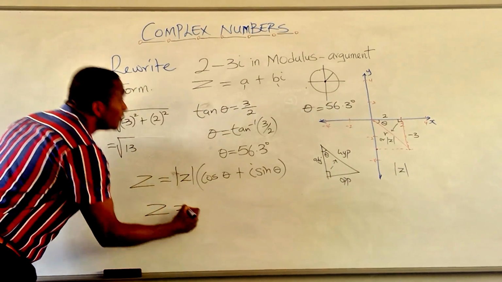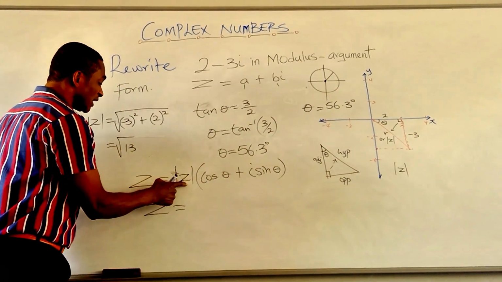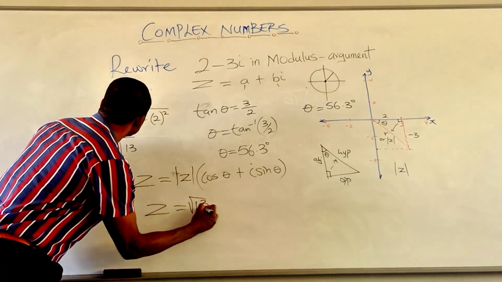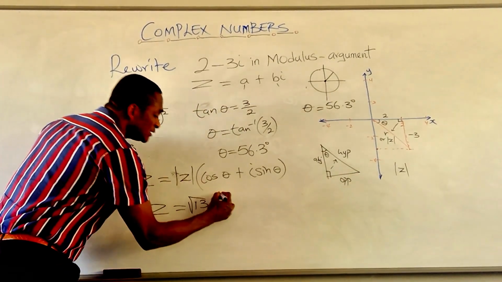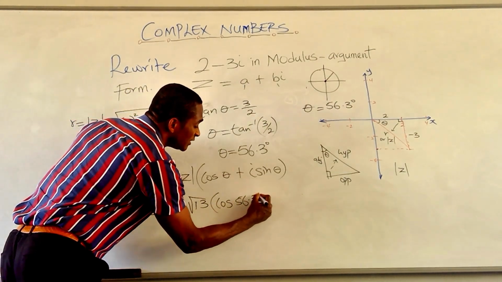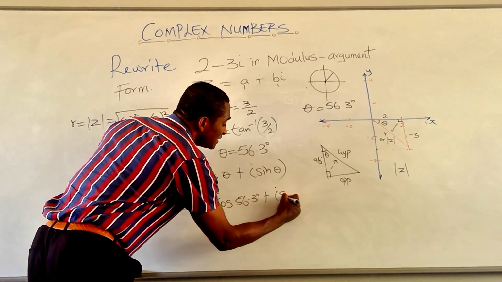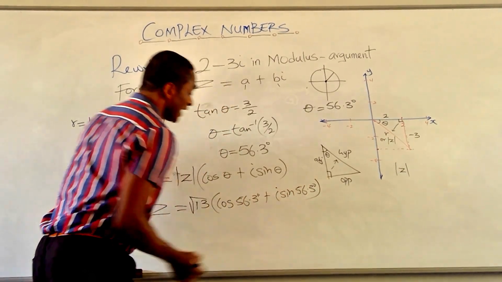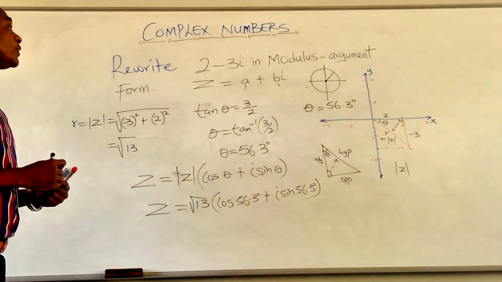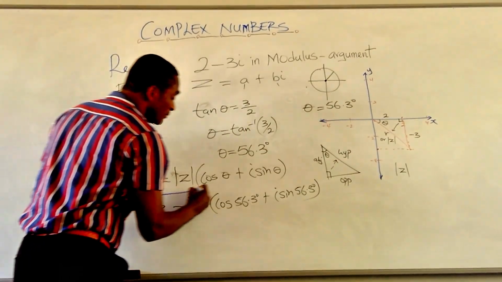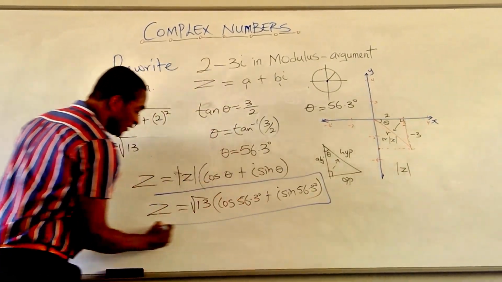So in modulus argument form, it is our modulus, root of 13, times cos of the argument, 56.3, plus i sine of the argument, 56.3. And this is the representation of this in modulus argument form.